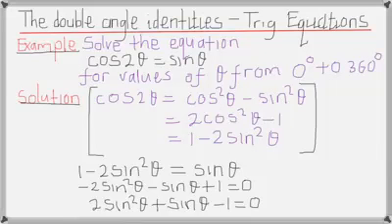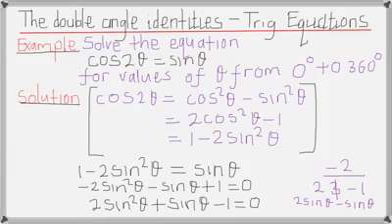So to solve this quadratic equation, we consider the product of the first and last terms, which in this case is minus 2. Now the factors of minus 2 which will give us a sum equivalent to the coefficient of the middle term, which in this case is 1, are 2 and minus 1, which can be written as 2 sine theta minus sine theta.